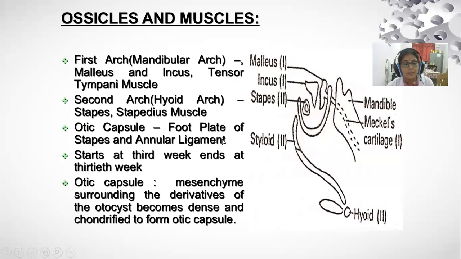Now your footplate of stapes and annular ligament are developed from your otic capsule. Otic capsule development starts at the 3rd week and ends at the 13th week. So how is your otic capsule developed? It is developed from mesenchyme surrounding the derivatives of the otocyst that becomes dense and chondrified to form the otic capsule.